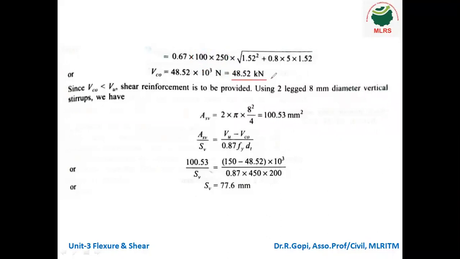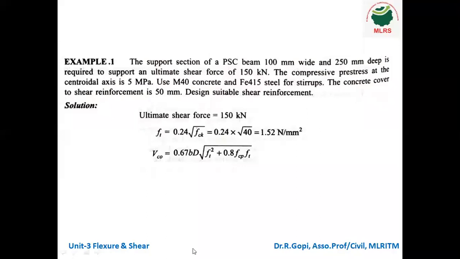So students, now you can understand, this much amount of force is resisted by concrete itself. But you can see here, due to the external load, how much shear is produced? 150 kilonewton is applied on that concrete beam.